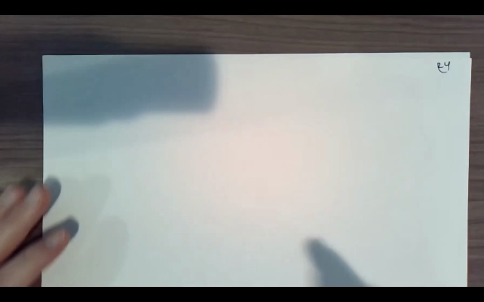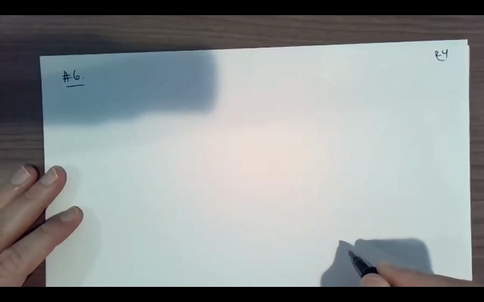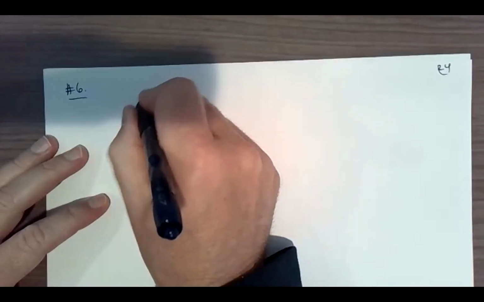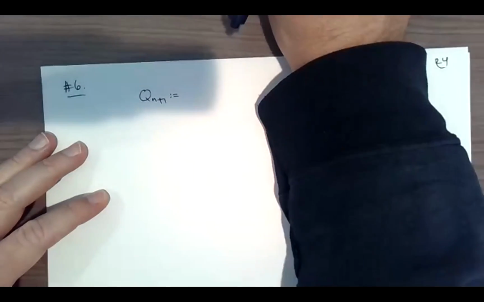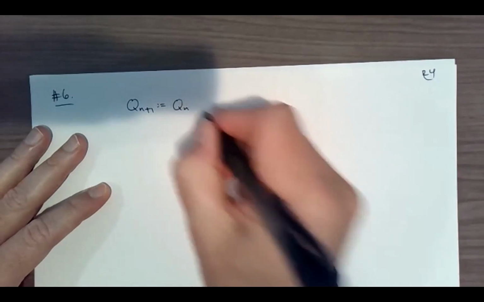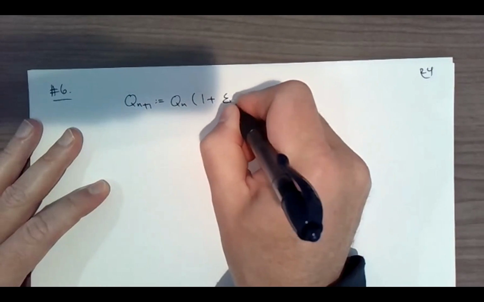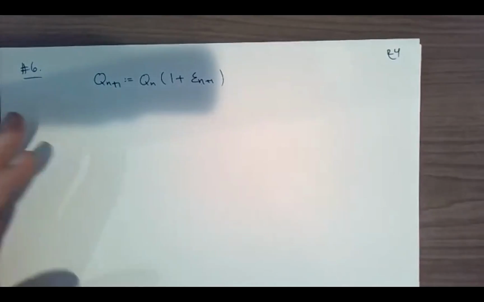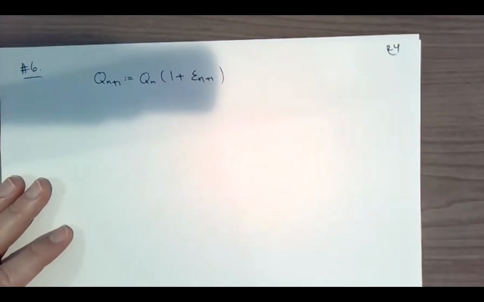So this here was number 6. You're given now a specific model for how the foreign exchange rate moves in time. So it's very similar to what we used to. You take the previous value and then you multiply onto 1 plus something. So here's epsilon n plus 1.